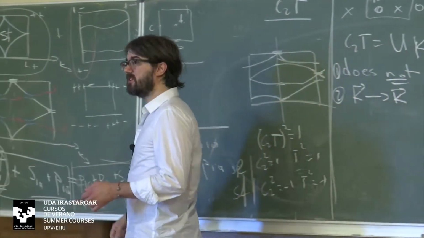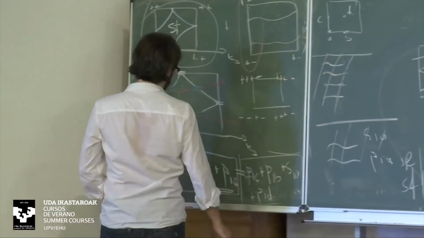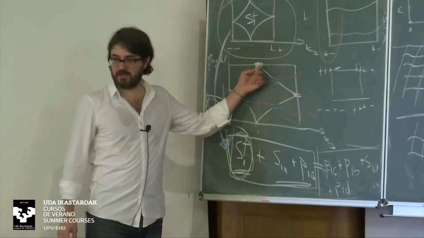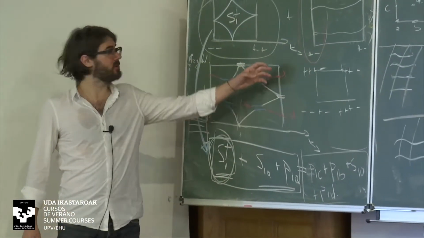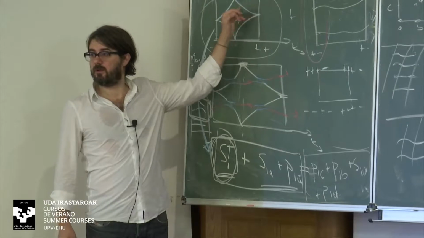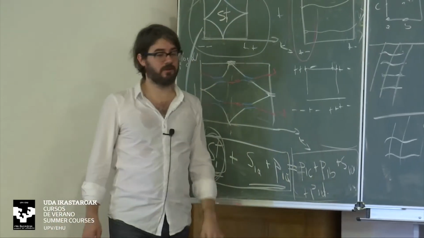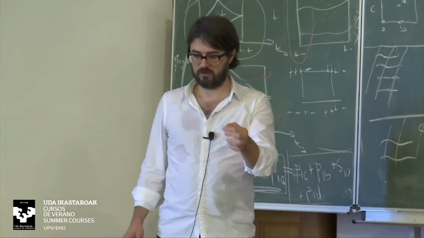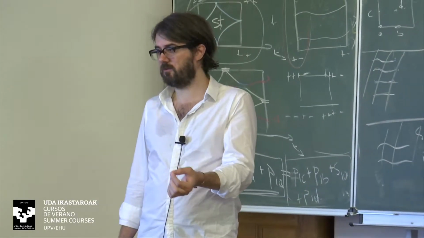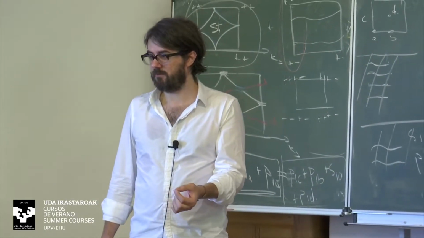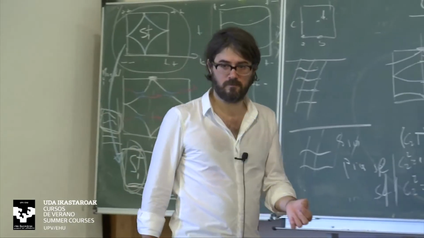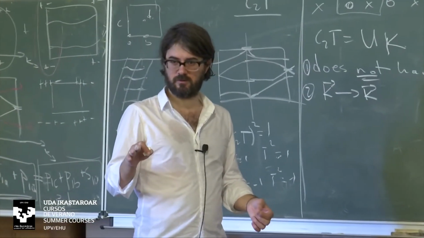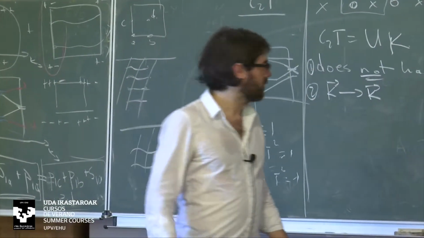Unlike inversion, it's got one detriment, that it doesn't have eigenvalues at high symmetry points. But it's got something nicer than inversion, that it's actually local in k space. It takes k to k. Clear? Okay.